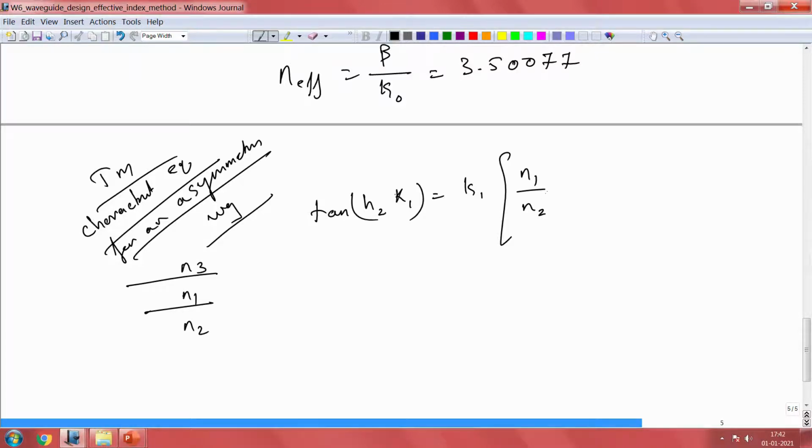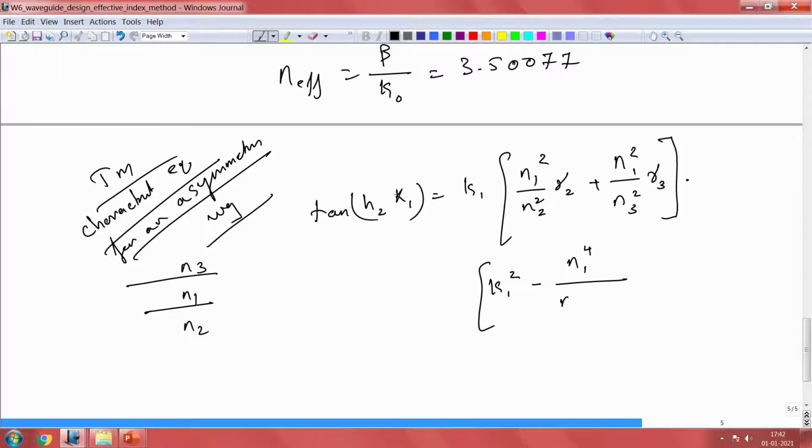N1 squared over N2 squared gamma 2 plus N1 squared over N3 squared gamma 3, times K1 squared, minus N1 to the power 4 divided by N2 squared N3 squared times gamma 3 gamma 2.